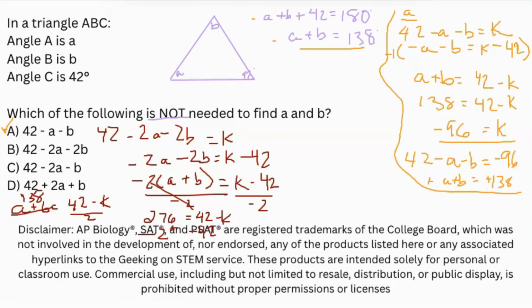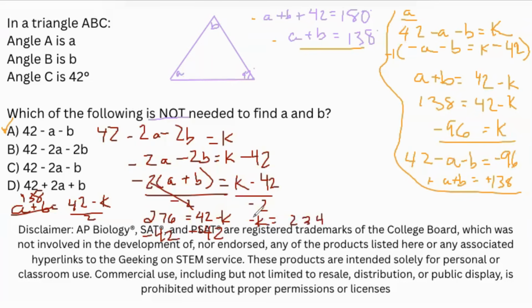So let me say that I'm going to subtract 42, and negative K gives you 276 minus 42, which is going to give you positive 234.